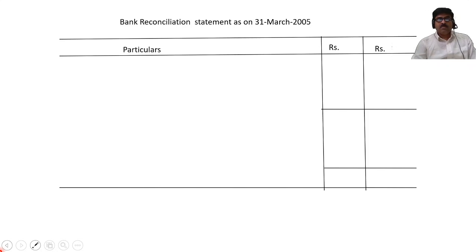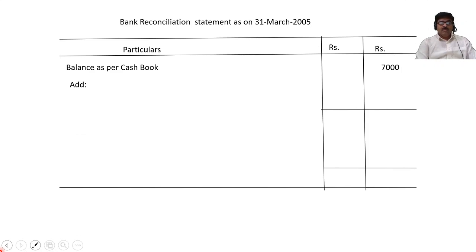Now, the answer part. First is the heading: Bank Reconciliation Statement as on 31st March 2005. Particulars, inner column, outer column. We are preparing this statement on the basis of the cash book. So first write the balance as per cash book, outer column, 7,000. Now add.